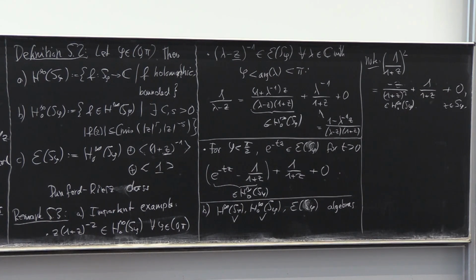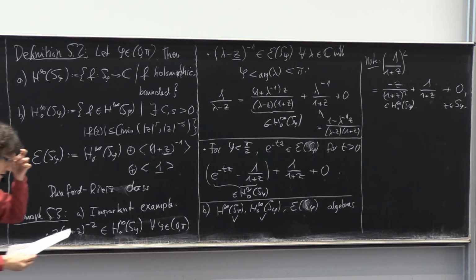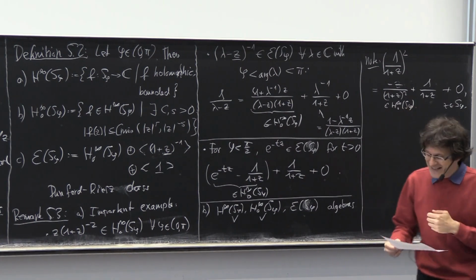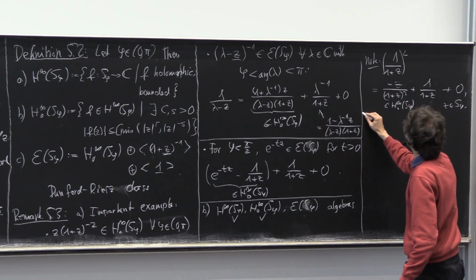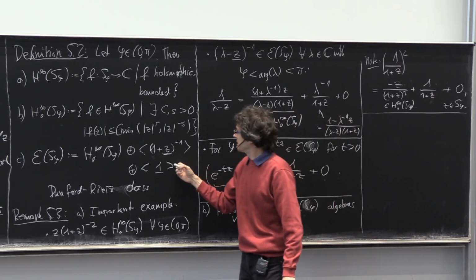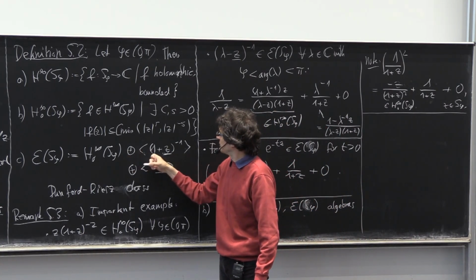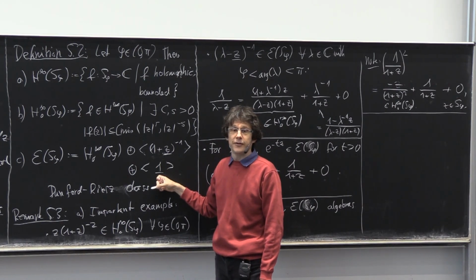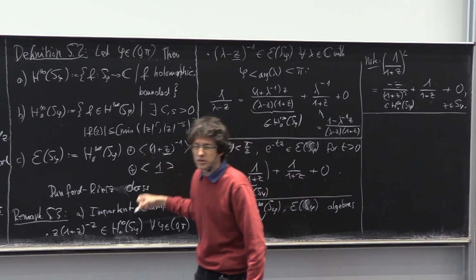Such a characterization is possible, and you find it as exercise 5.3. And this characterization has a second advantage. It will show that this definition somehow is nice in the sense that also these three spaces are mutually linearly independent.